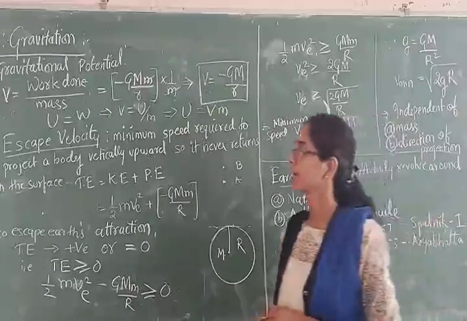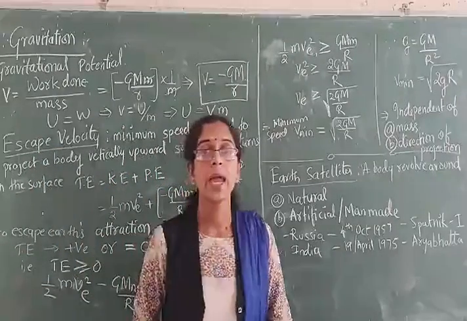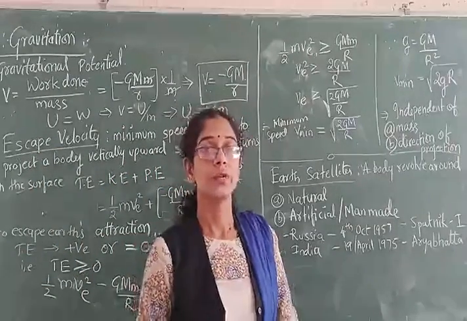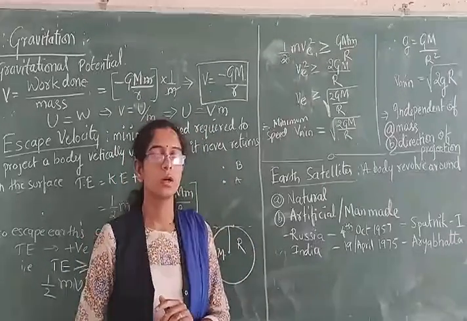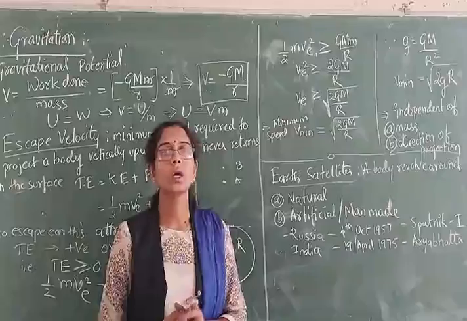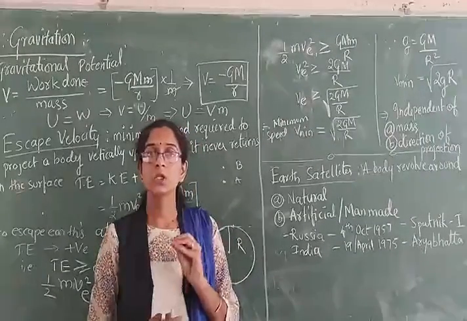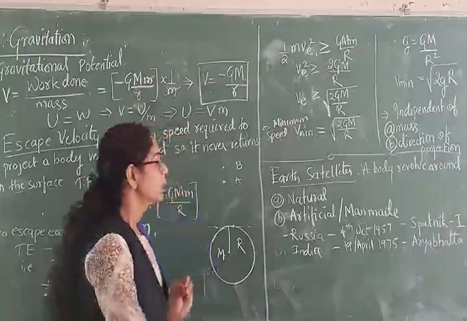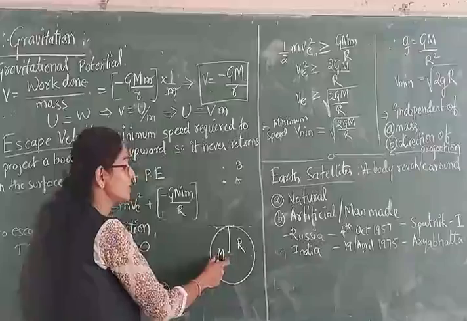Now we will move on to the next content, known as escape velocity. What is meant by escape velocity? We know that an object on the surface of the earth, when thrown upward with a certain velocity, will slowly decrease in velocity. If this is your earth, r is the radius of the earth, M is the mass of the earth.